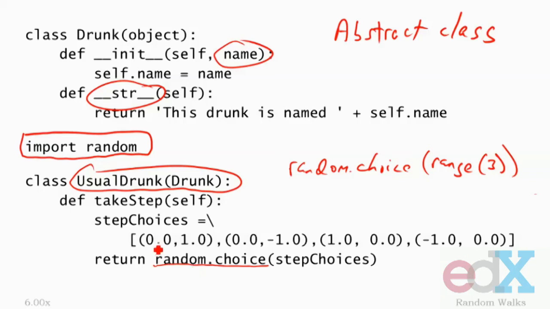So for example, 0, 1 is a step north, 0, minus 1 is a step south, a step east, and a step west. With that, I'll stop, and in the next segment, we'll use these classes to start building our first interesting simulation.